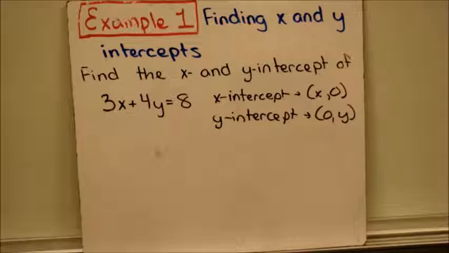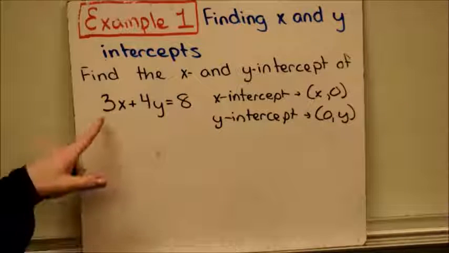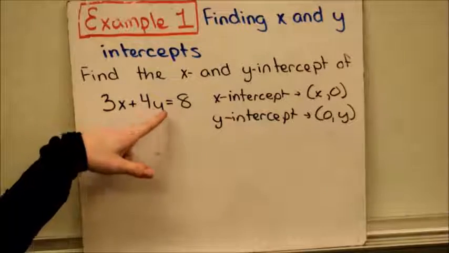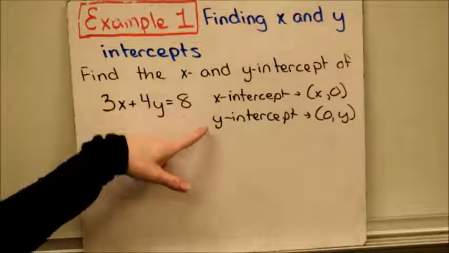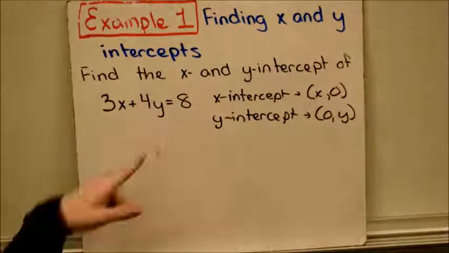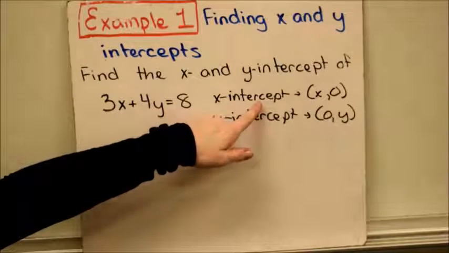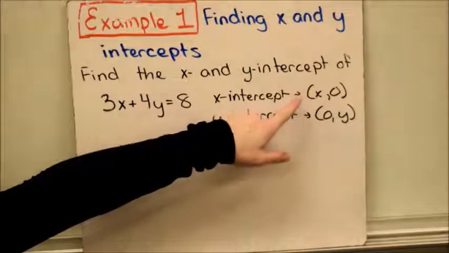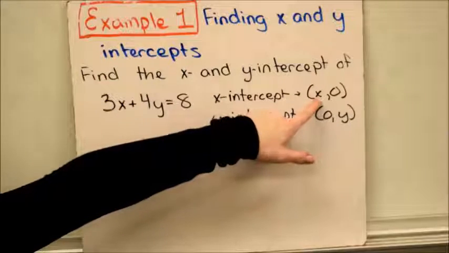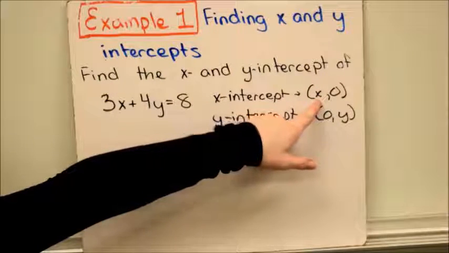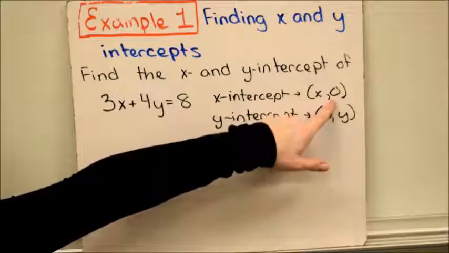So here's our first example. In our first example, we're going to find the x and y intercepts of 3x plus 4y equals 8. As you can see, I've written out what an x-intercept represents. If it crosses the x-axis, x is going to be a number and y is going to be 0.